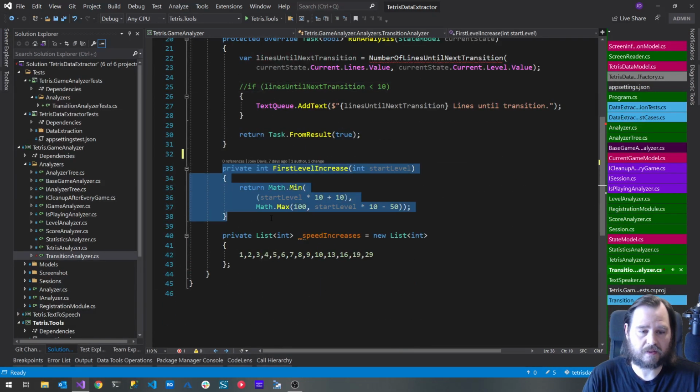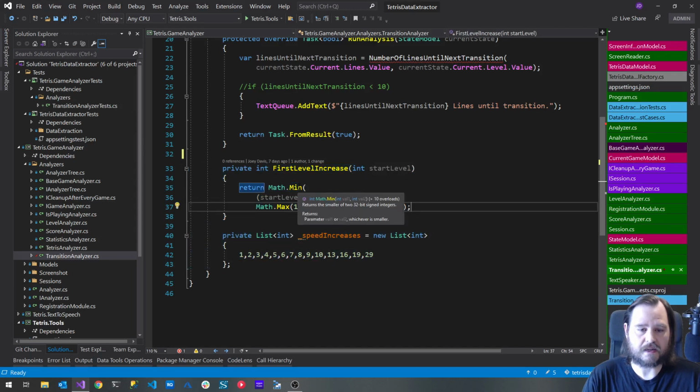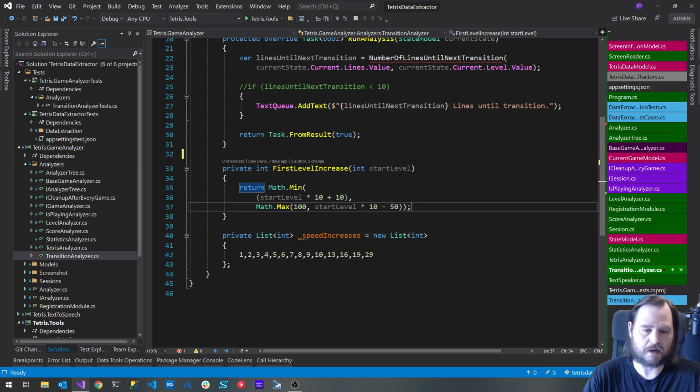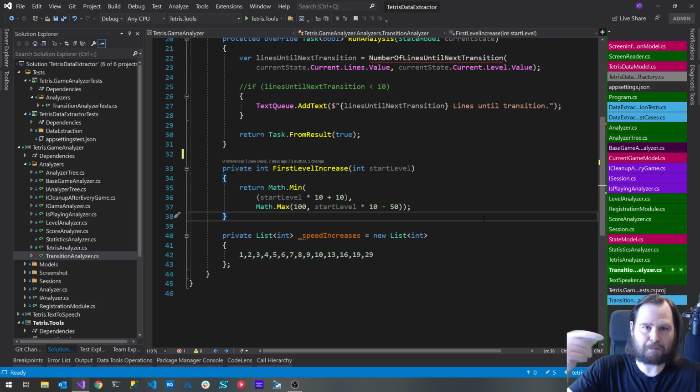This is the only thing that works, this and this. So this is the calculation of when your first level increase will happen. We went over that last time. It's different depending on what level you started at. And these are the levels where the speed of the pieces actually increases.